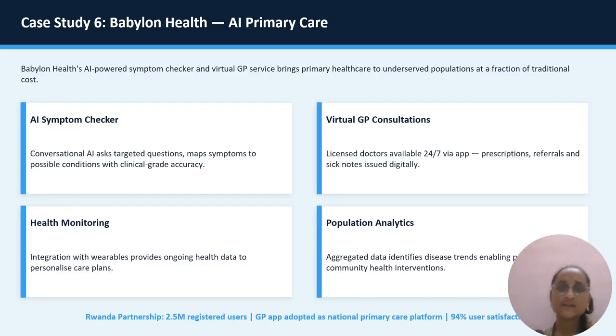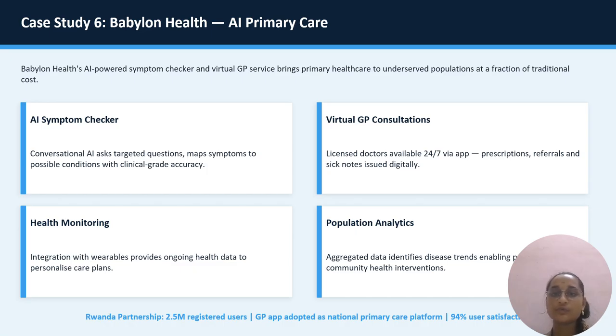And next slide is sixth case study, Babylon Health AI Primary Care. It shows how AI is used to deliver affordable primary health care to people who usually don't have easy access. Babylon Health, the AI powered symptoms checkers and virtual GP service brings primary healthcare to underserved populations at a fraction of traditional cost.